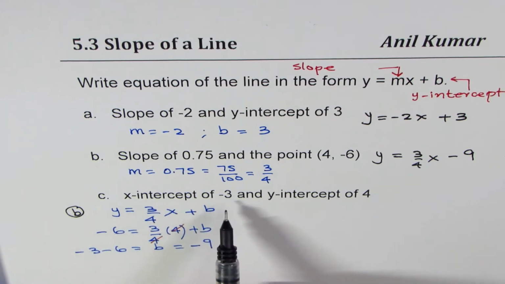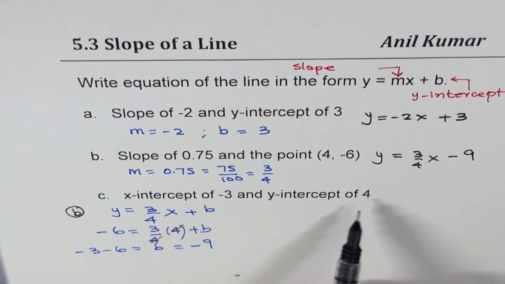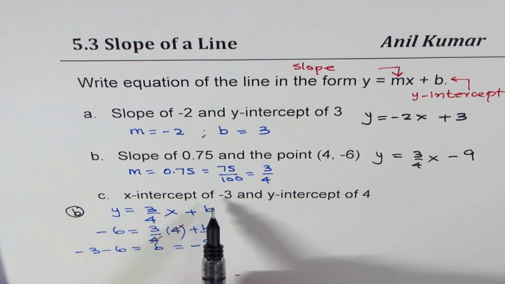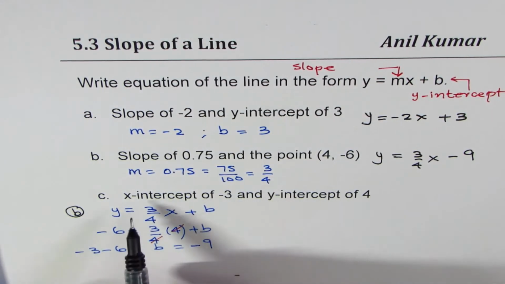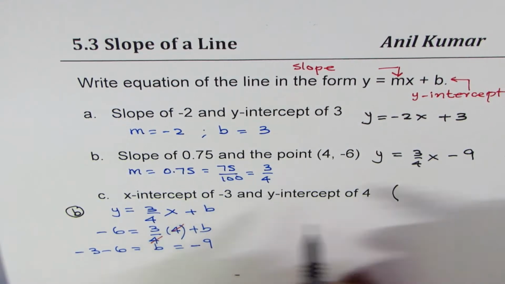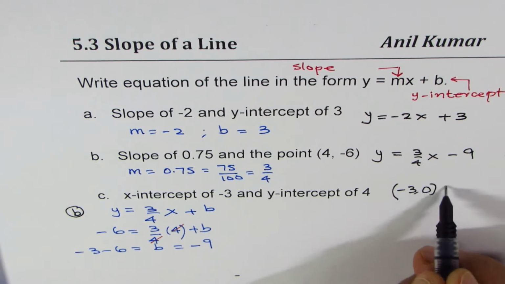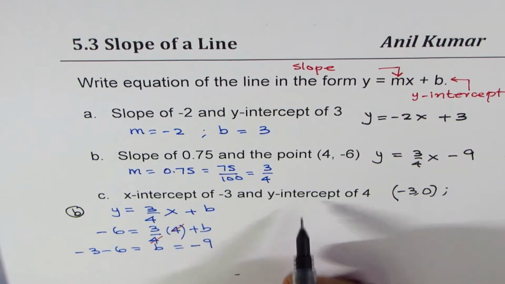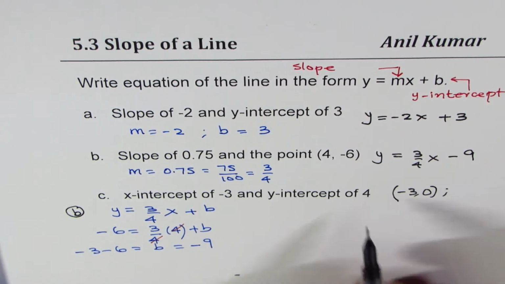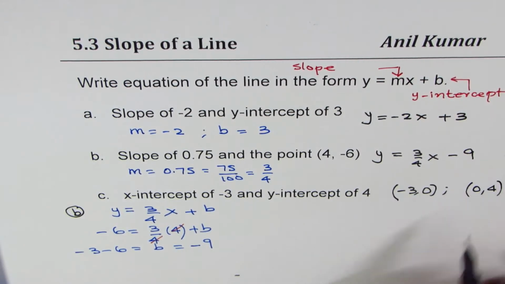Now part C is actually x-intercept of minus 3 and y-intercept of 4. In this case, we are actually given 2 points. X-intercept of minus 3 really means that the x value is minus 3 and the y value is 0. And the other point, y-intercept of 4, means the x value is 0 and the y value is 4, correct?